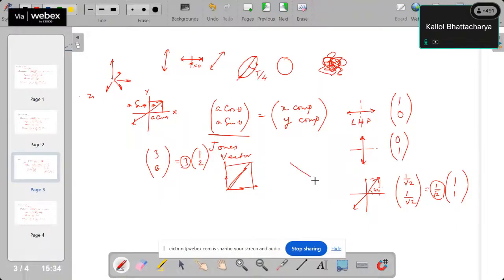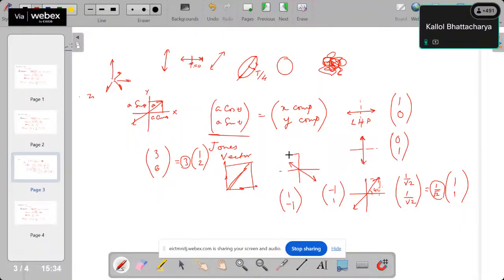Similarly, if you have minus 45 degrees, if light is polarized at minus 45 degrees, then we can write it as 1, minus 1, or we can write it as minus 1, 1. Well, both of them represent 135-degree polarized light. Because firstly, we can take minus 1 as common from this and we'll get minus 1, 1. And the physical explanation is you see the electric vector traverses on both sides of the center, right?